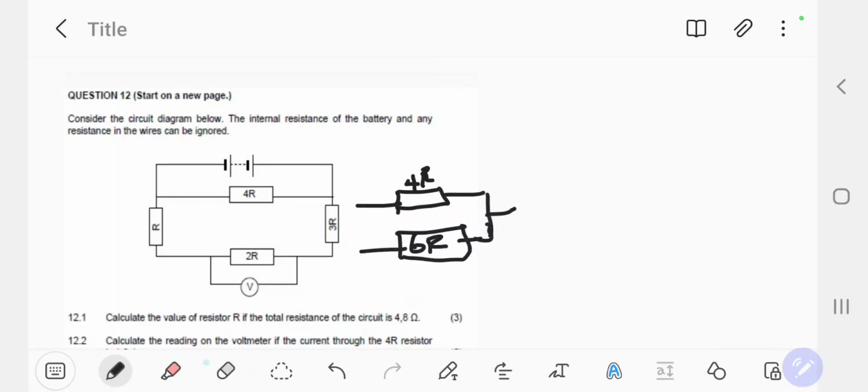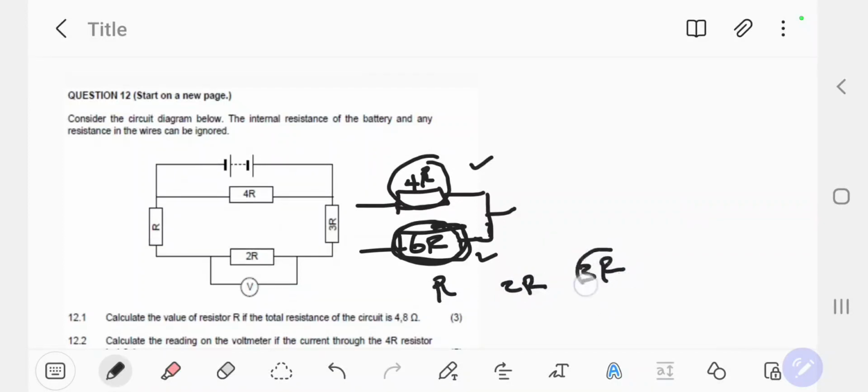All right. So now, in other words, 4R and 6R, guys, are connected in parallel. Because they're connected in parallel, it means they have the same potential difference. They share the current. But in the 6R, remember, we combined R, 2R, and 3R.